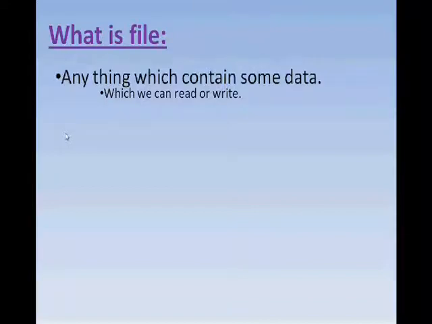The exe, it is a file. You have some software setups, that is a file. There are different kinds of files. Anything which can be read and which can be written is called a file. So every file can be read, or every file can be written.